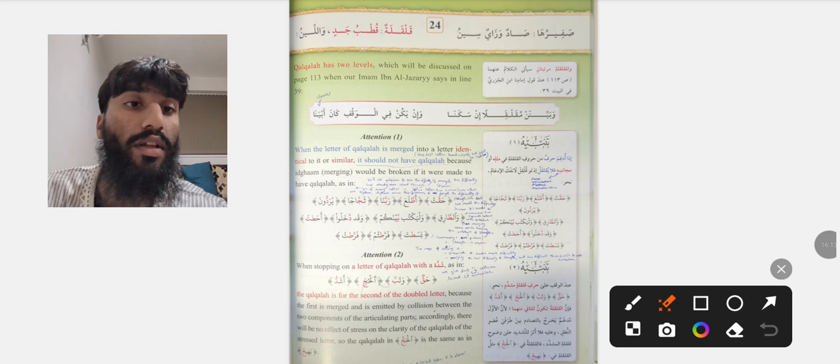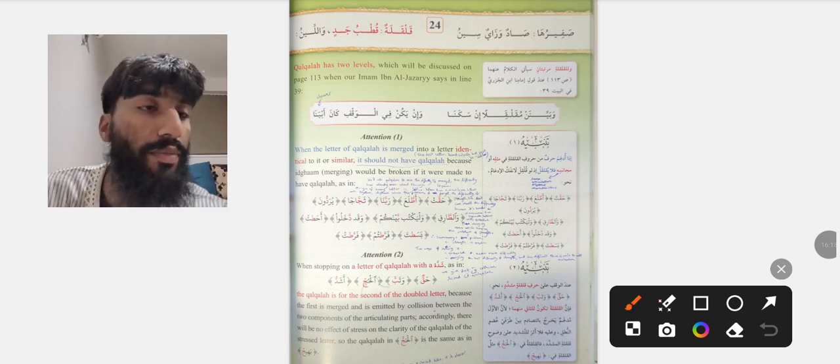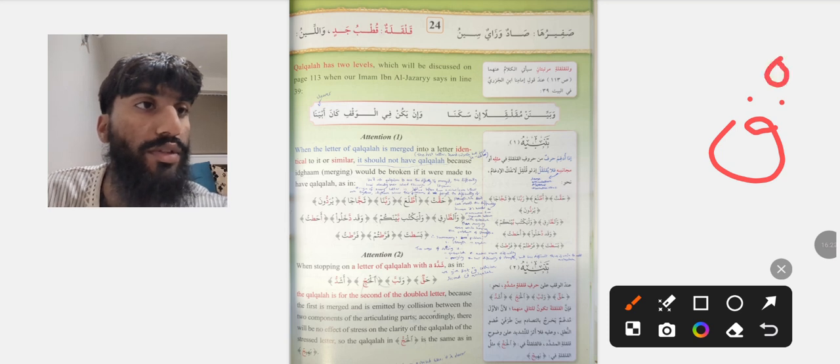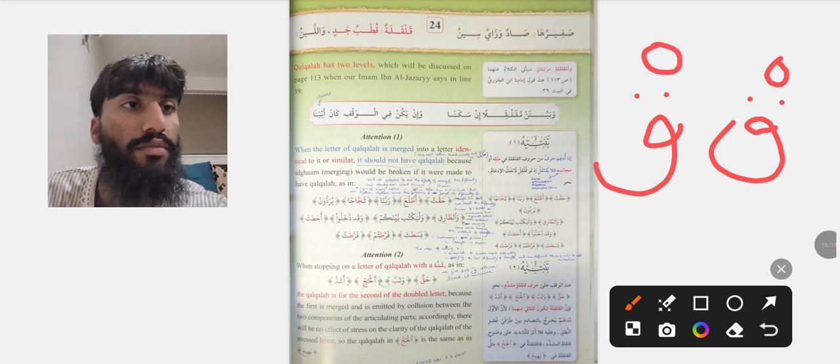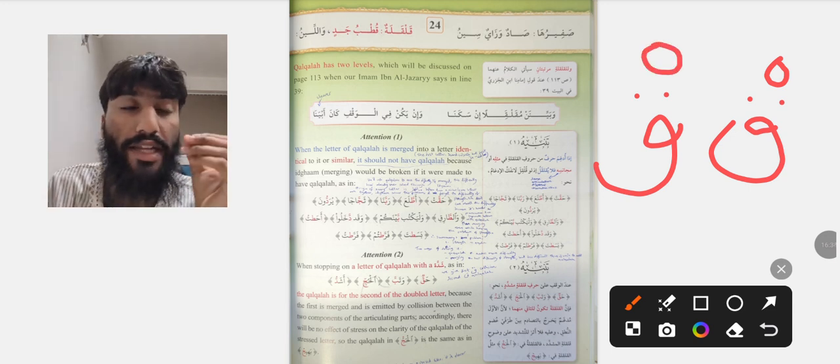Shadda means you got two qafs basically in this case. Okay, you merge them together and you get a shadda letter. So qaf and qaf. Let's draw this for you. You have qaf with sukoon first, and qaf with a haraka or whatever it is, okay? Now you're ending as well here, so that's going to have sukoon too, if you're ending on the word.